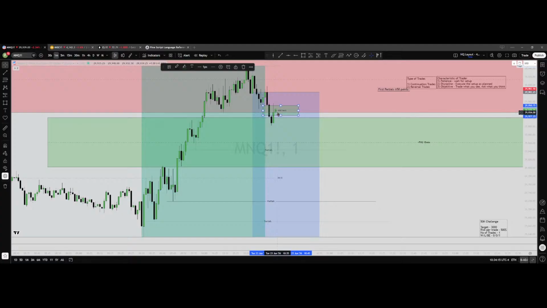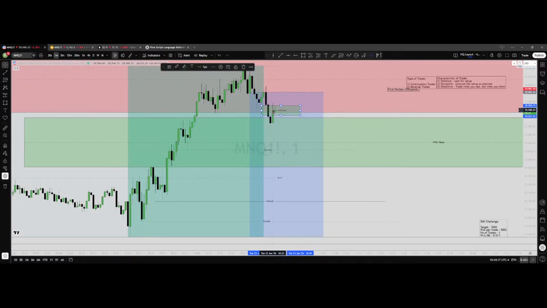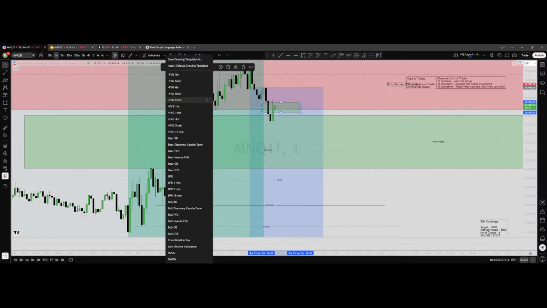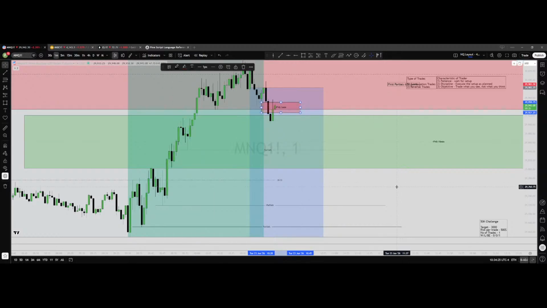There's no candle close. This candle did not close above the CE of this 1-minute fair value gap, which means this fair value gap is still holding stronger.